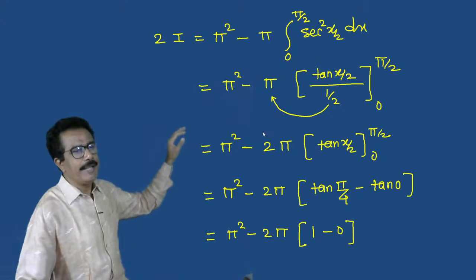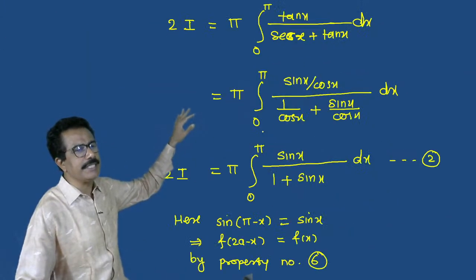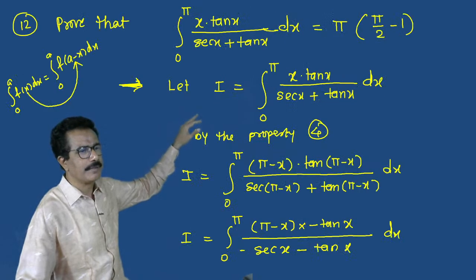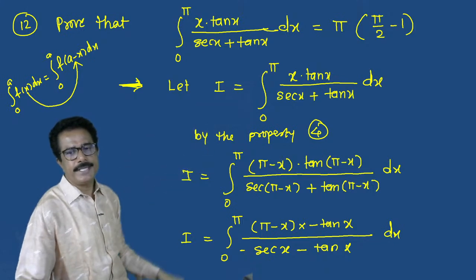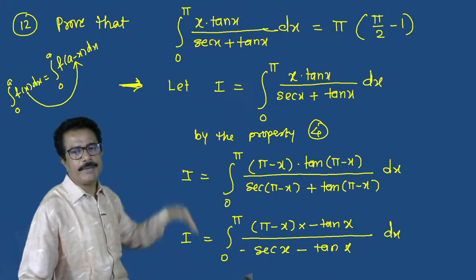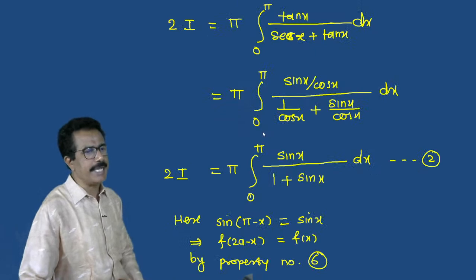But I means we have considered the initial integral, that is integral from 0 to pi x tan x divided by sec x plus tan x dx.